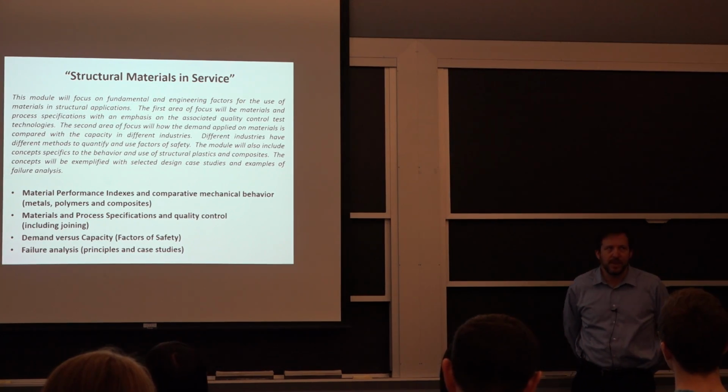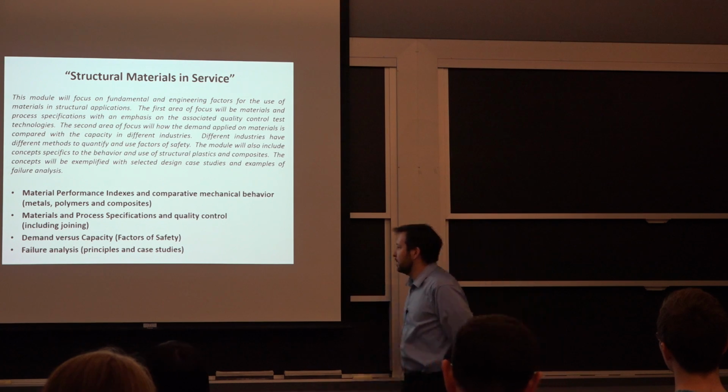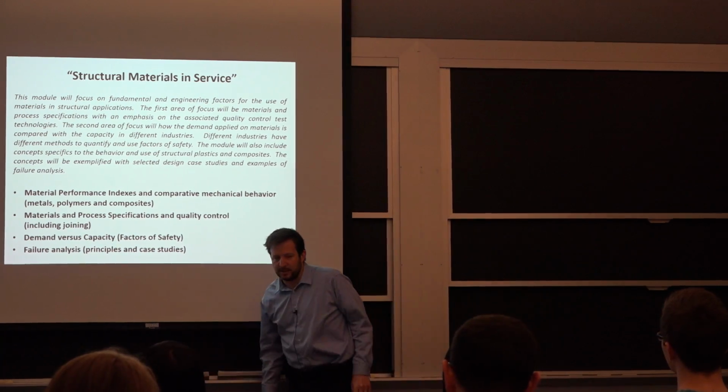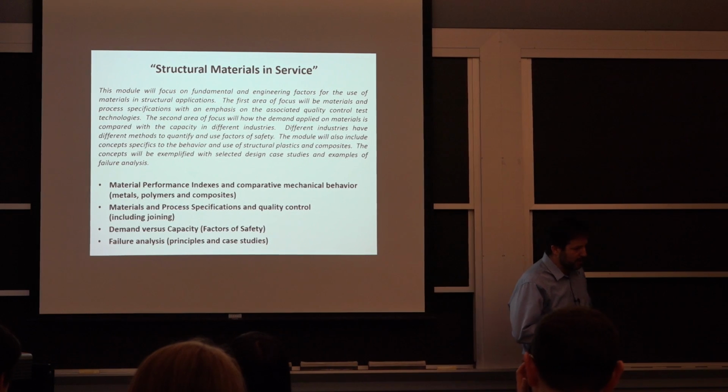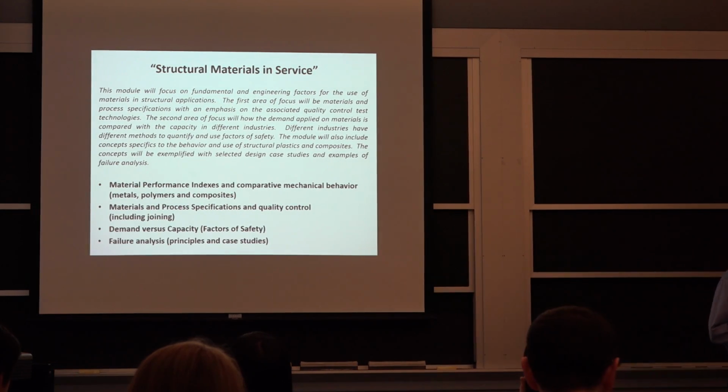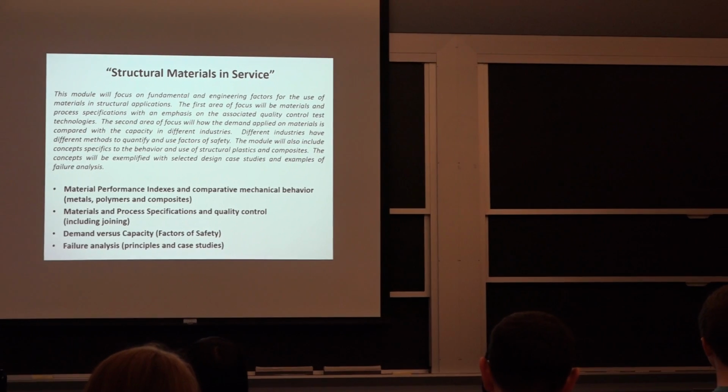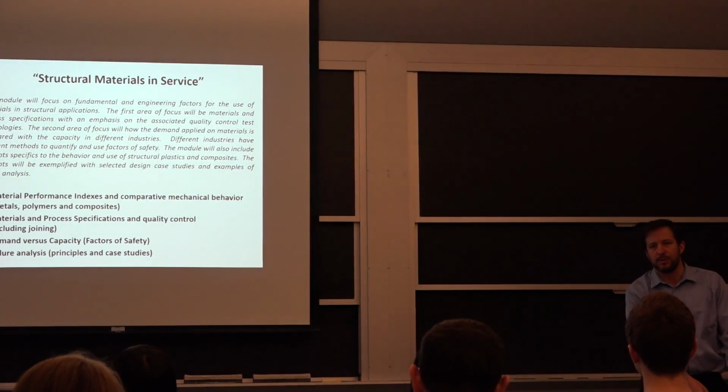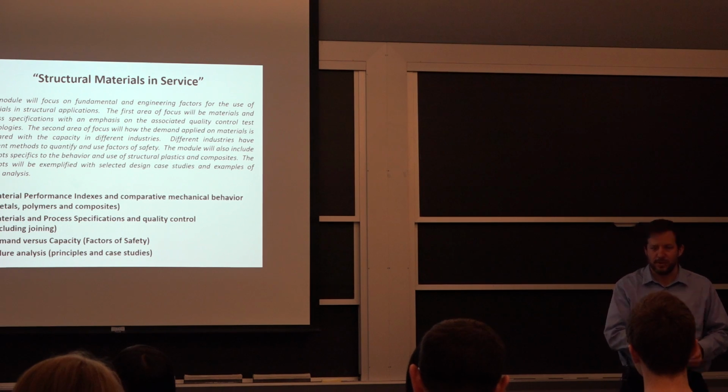So with respect to the outline, the next step here, demand versus capacity, is really what design boils down to. You put a calculation on paper, you say, well, I think this is going to be my load, this is the geometry, so it should resist those conditions. And then you look at the material you're going to use.